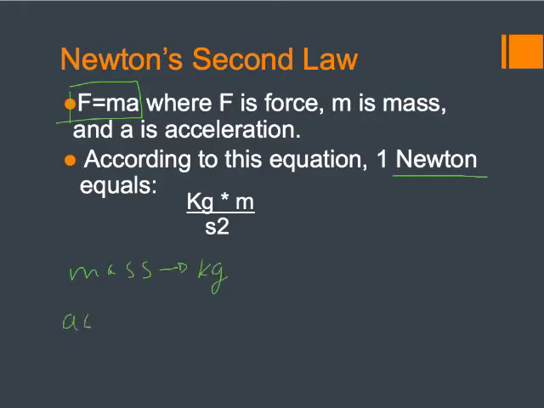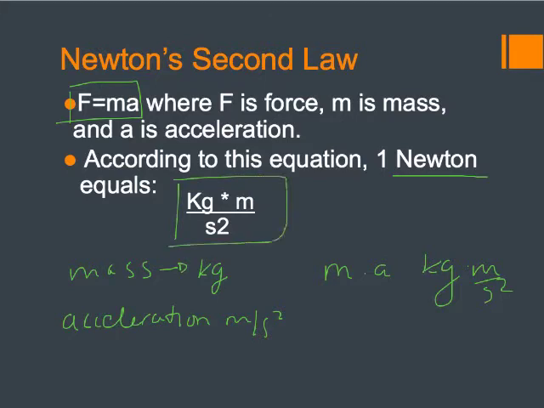The units for acceleration are meters per second squared. So m times a is going to be kilograms times meters per second squared. So this is another way of noting the units for a force. More often than not, we will use newtons, but this does come in handy for understanding how you get meters per second squared back out of a force, things like that.